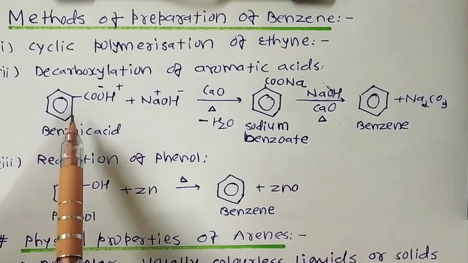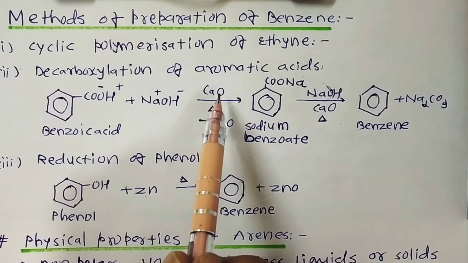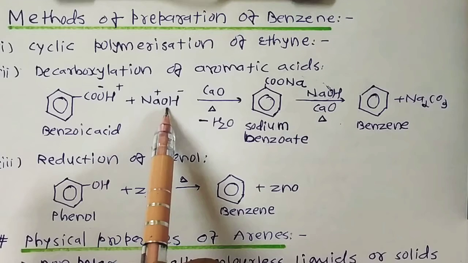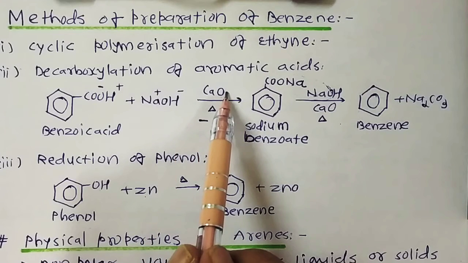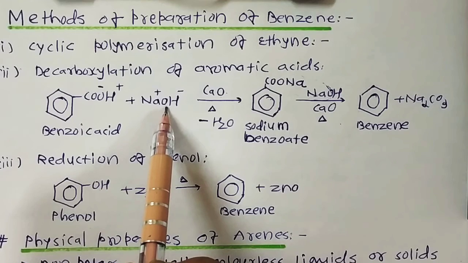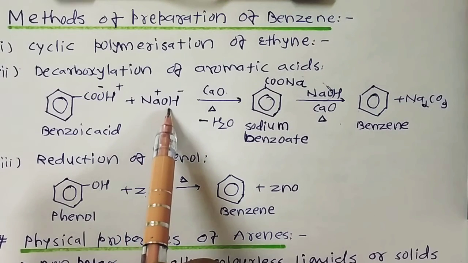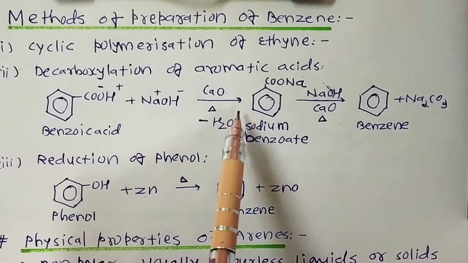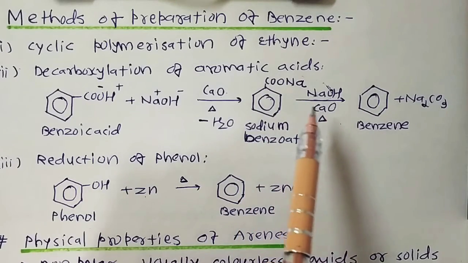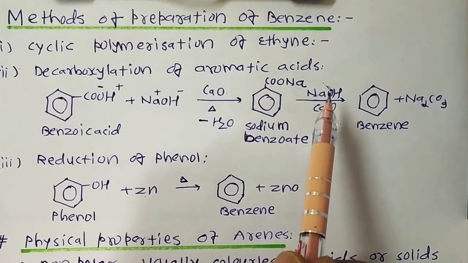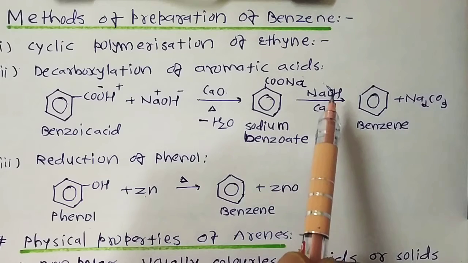But first we have to take benzoic acid and NaOH in the presence of calcium oxide. Here a 3:1 mole ratio mixture is used, which is called soda lime. The main role of sodium hydroxide is that it is basic in nature, so it forms a salt, and this salt further with the help of NaOH is converted into Na2CO3.